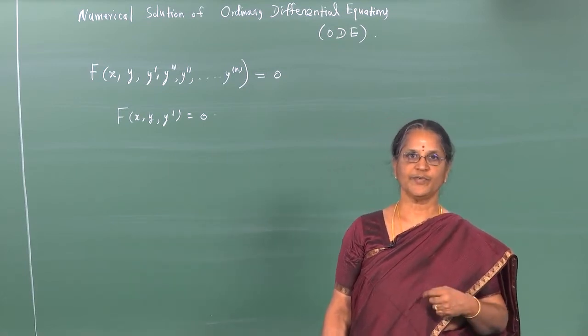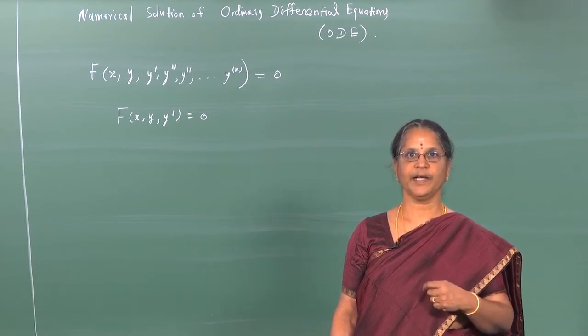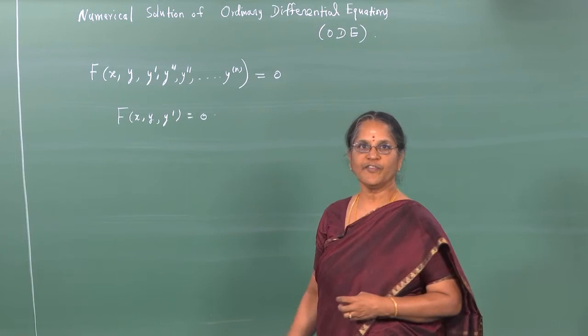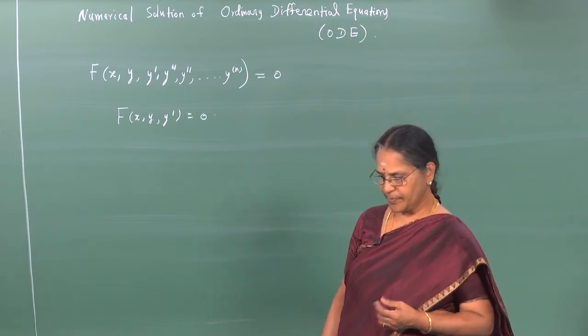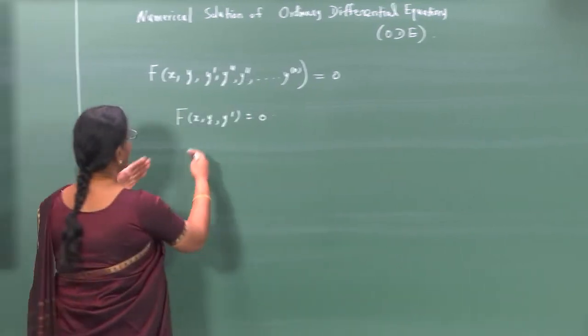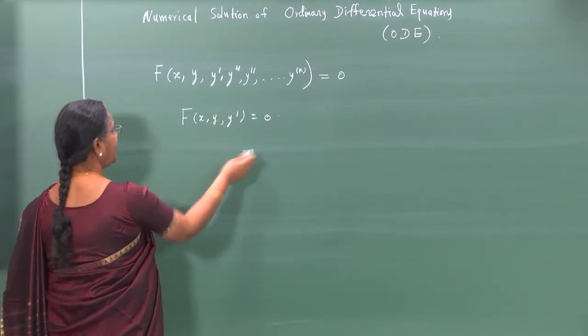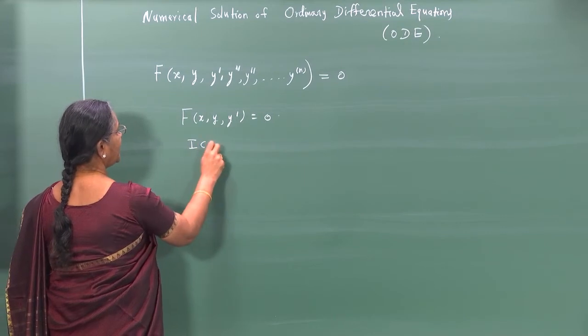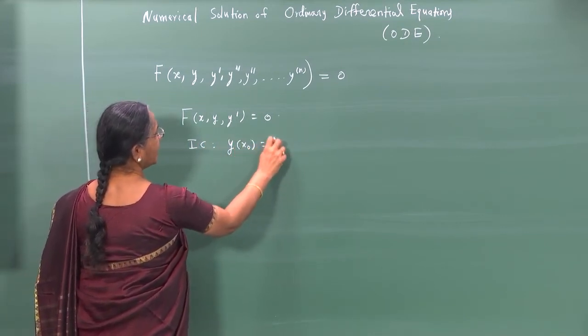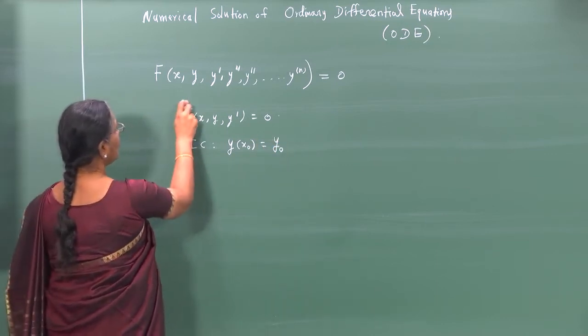So, in this course we will focus in this topic on the numerical solution of first order differential equations. Usually these first order differential equations will come along with some initial condition, namely you will be given y at some initial point, say x naught, which is equal to y naught.